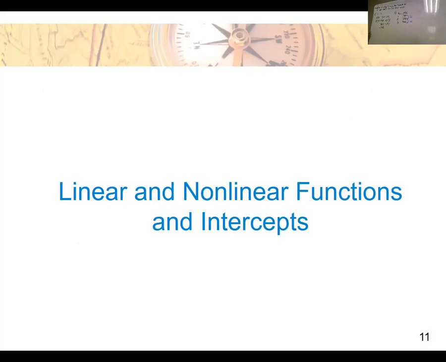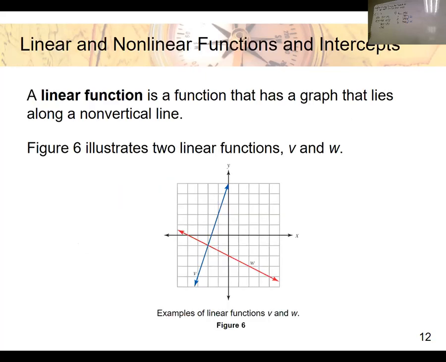All right, let's talk about linear and nonlinear functions and intercepts. That is, if we were graphing this on a coordinate plane. In this case, a linear function is a function that has a graph that lies along a non-vertical line.